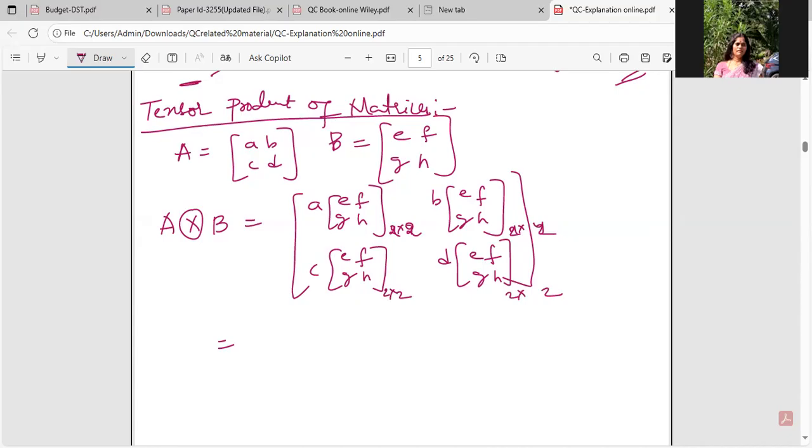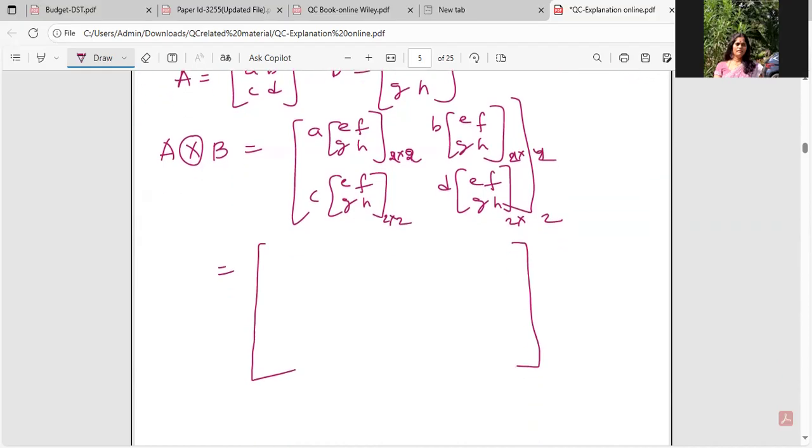You can imagine how large the dimension of the matrix is going to be. 2 rows and again 2 rows make 4, and 2 columns and 2 more columns, so 4 by 4 is what I'll be getting. Let's see. If I don't write properly, then you will have errors understanding tensor products. AE, AF, BE, BF.